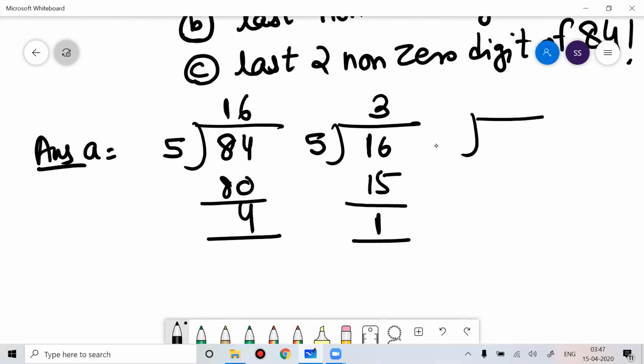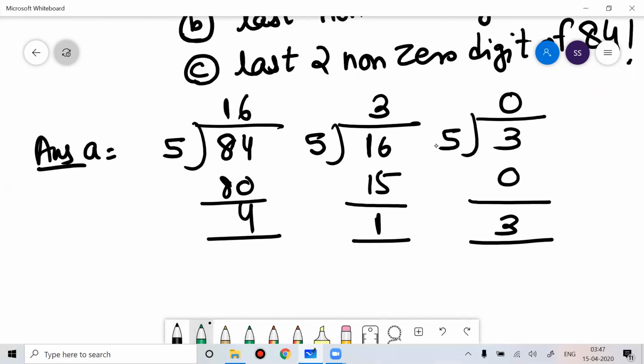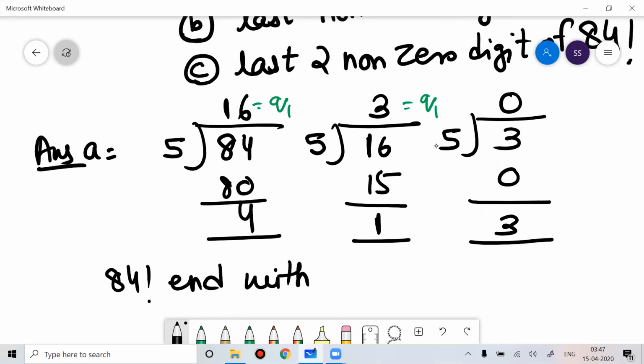Now divide 3 by 5, there's no point, 5 1 is 5. So this is your quotient 1, this is your quotient 2, kind of successive division. So 84 factorial ends with 16 plus 3, it ends with 19 zeros.